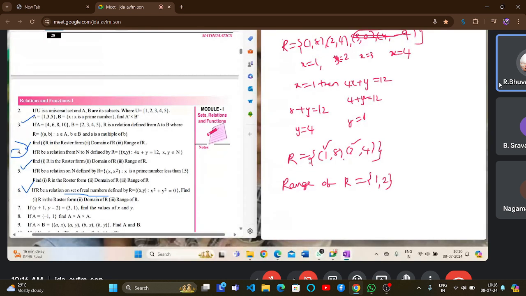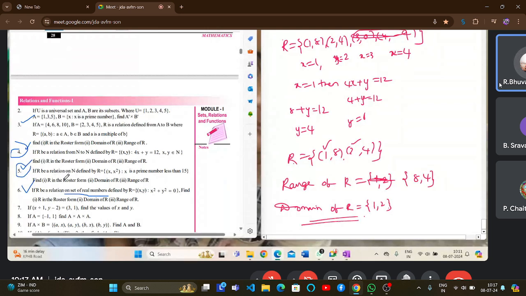This {1, 2} is then the domain, and range actually means the second elements, so 8, 4. Domain is the first elements, 1, 2. So the problem is over. Now you want to solve the fifth one.